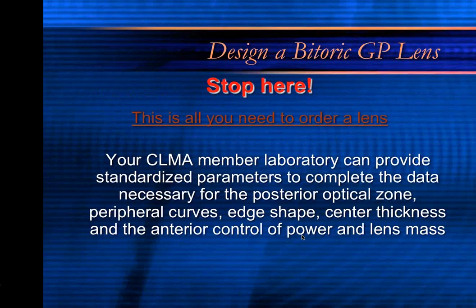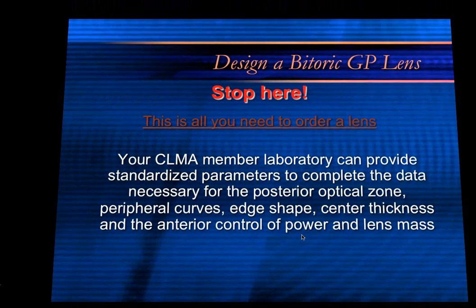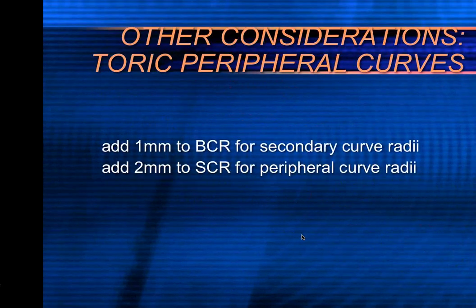Now, if you want to go further, and I promise you we will, and I like to call that Torics 501, let's talk about a few of the other parameters that you can order. Well, if you want to do your own toric peripheral curves, one way of doing that is simply adding 1 millimeter to the base curve radii to get your secondary curve radii, and then add 2 more millimeters to the secondary curve radii to achieve your toric peripheral curves.